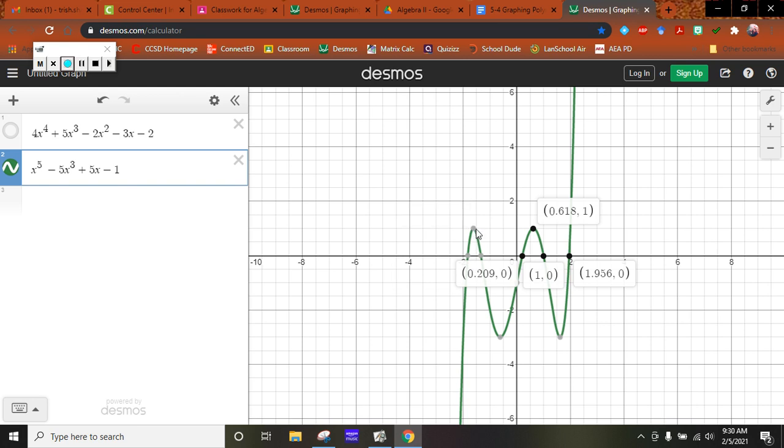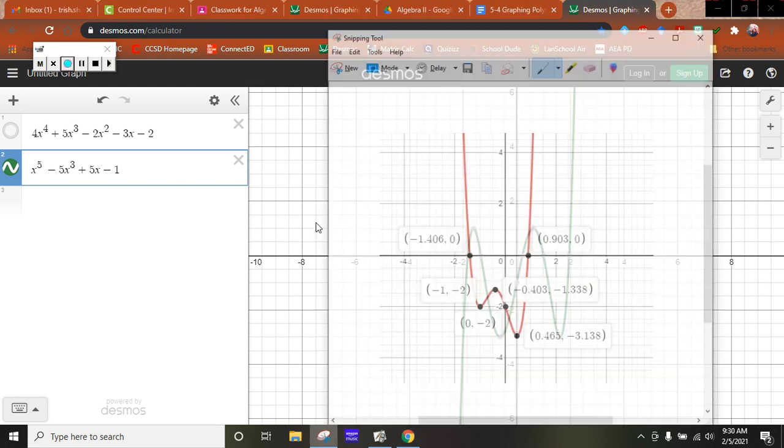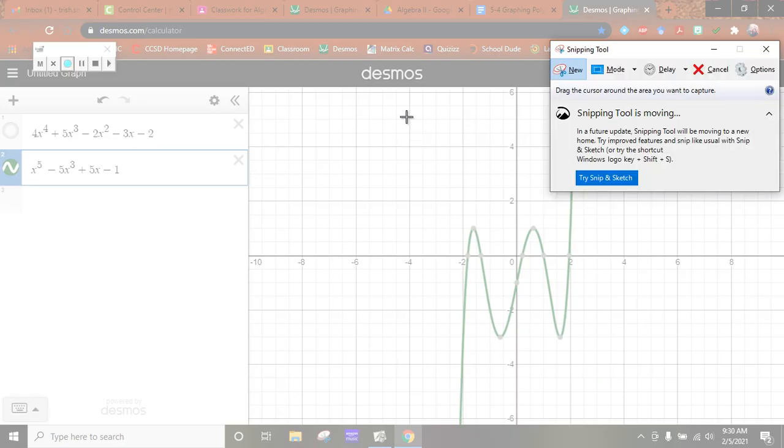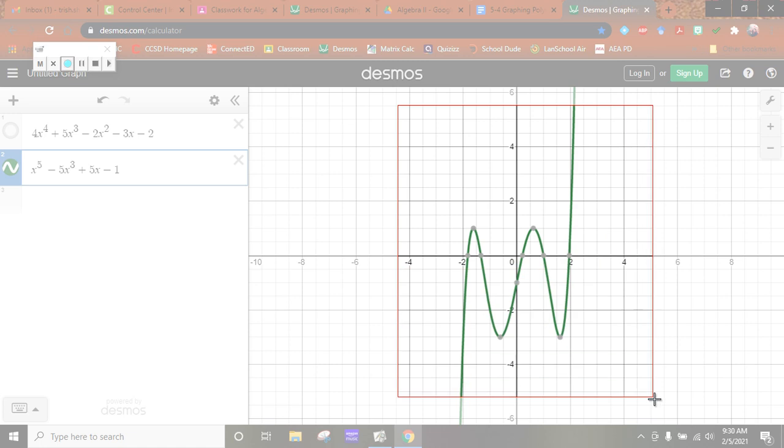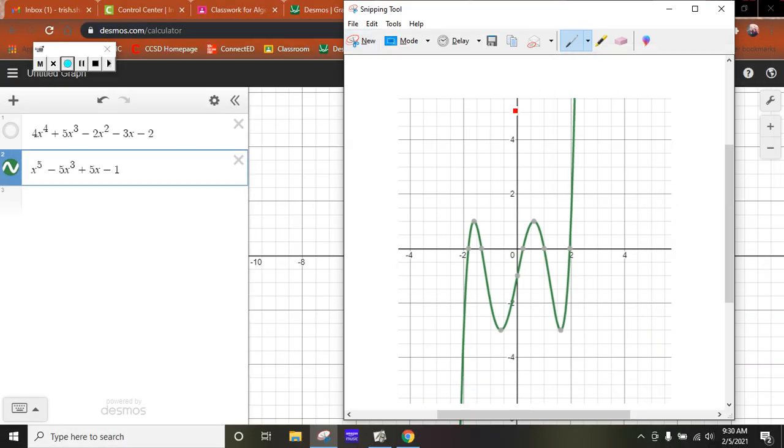And so if you really don't like the way that looks, you can just snip it like this. Again, make sure you keep the X and Y axis in there, get a good portion of the graph, so that way you can see that it's going down forever and up forever, so you can notice that these are all going to be relative.